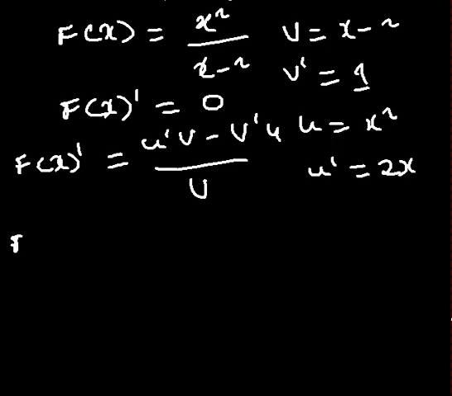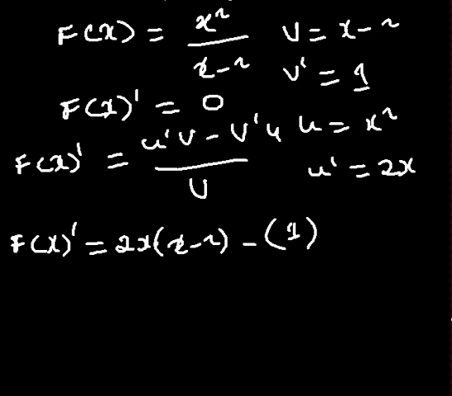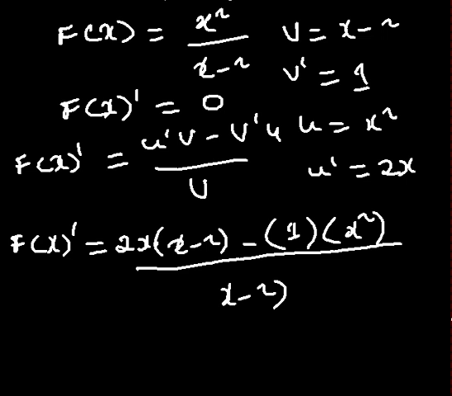Now we simply substitute. f prime of x is equal to u prime, which is 2x, times v, which is x minus 2, minus v prime, which is 1, times u, which is x squared, all divided by (x minus 2) to the power 2.